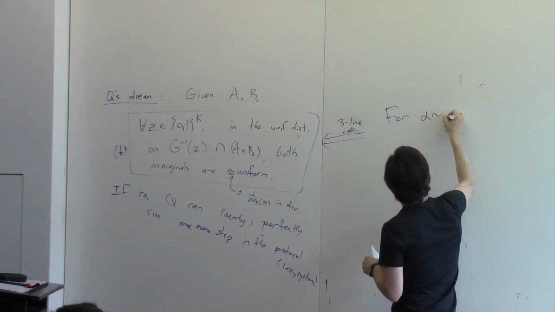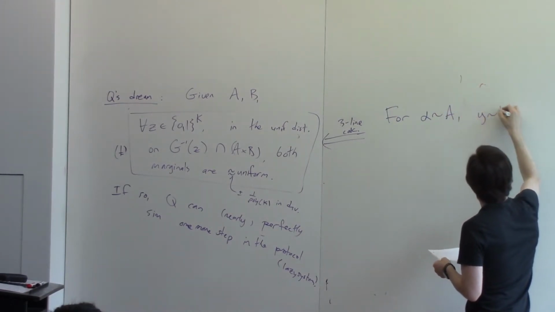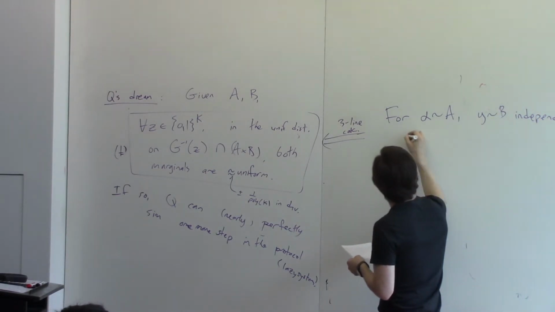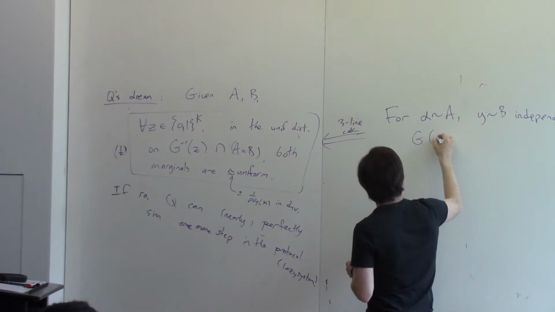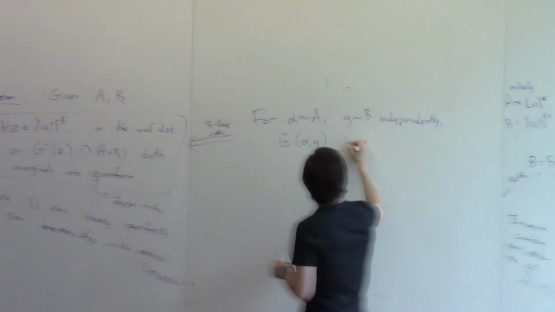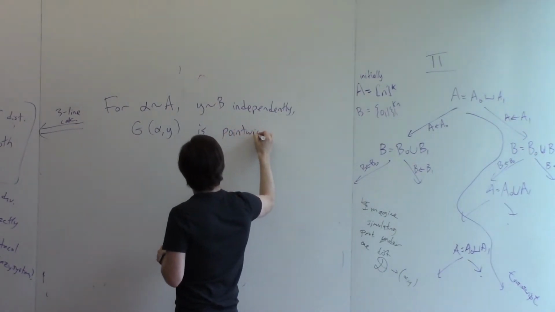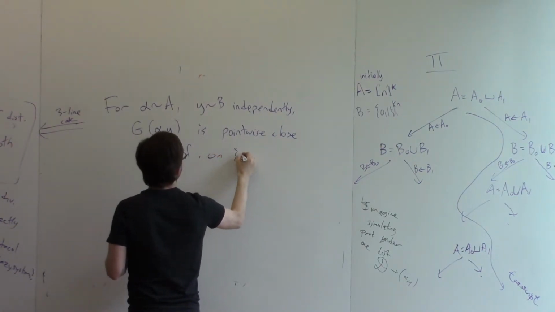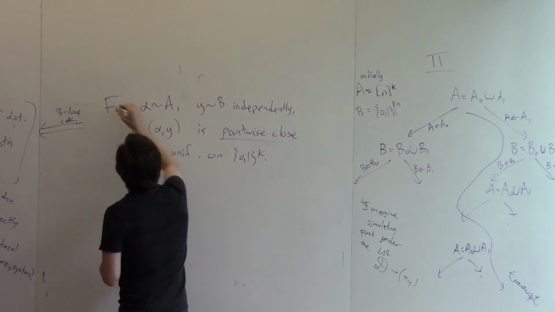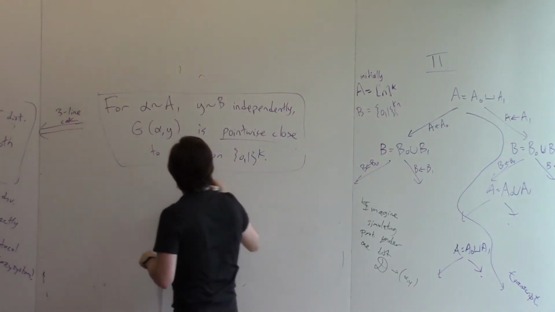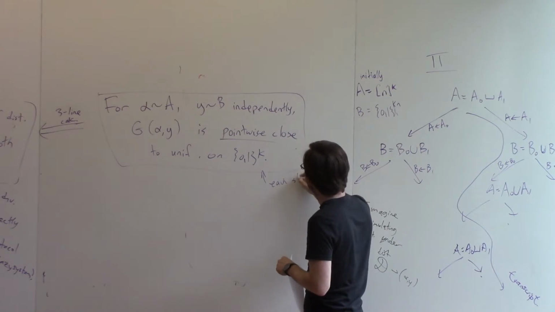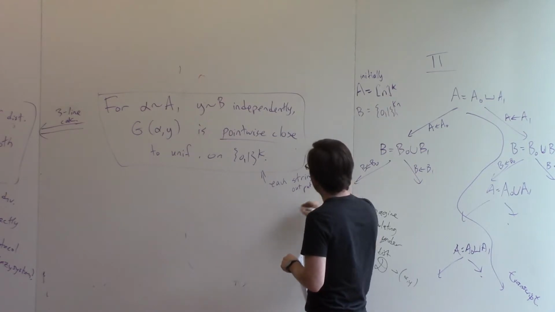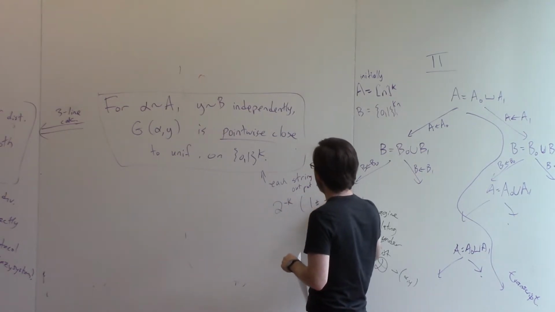For alpha drawn from A and y drawn from B independently, you plug alpha and y into G, it's point-wise close to uniform on 0,1 to K. And this just means each string is output with probability 2 to the minus k times 1 plus or minus 1 over poly k.